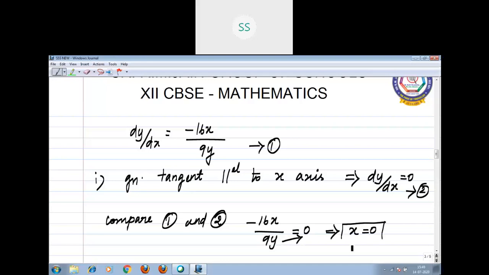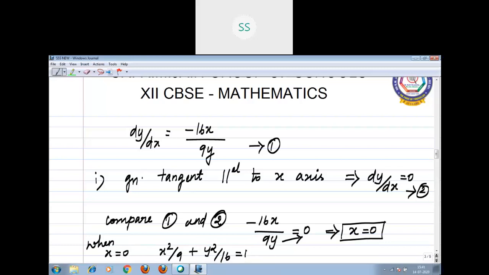You are going to substitute in the given equation to find y. x is equal to 0. The given equation is x square by 9 plus y square by 16 equal to 1.